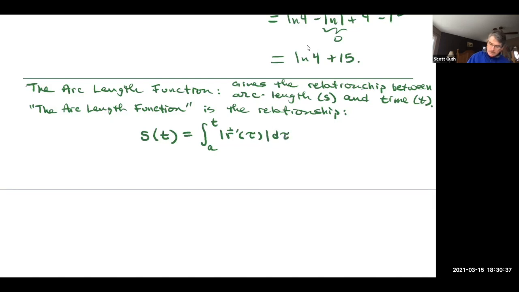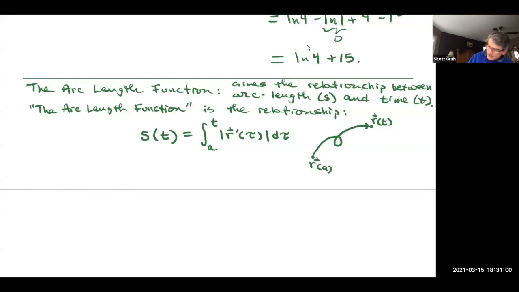But the idea is you're moving along a curve. This point right here is like r of t. Down at the beginning is r of a.